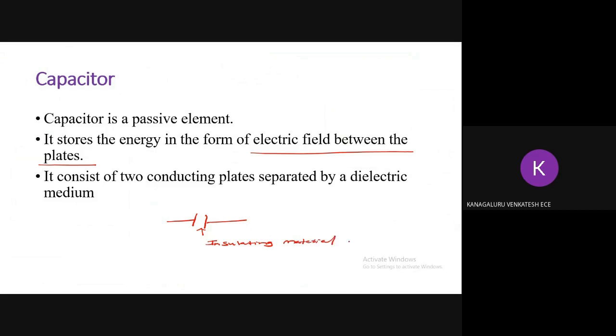If a voltage is applied to a capacitor, then a current flows through the capacitor.